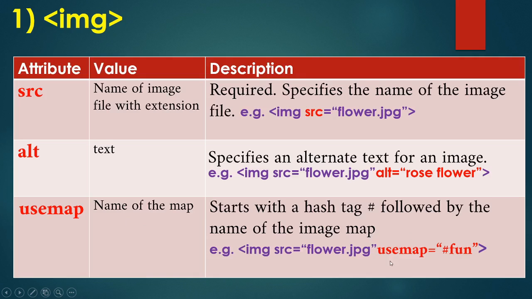Now one thing you have to take care of, the usemap attribute value is going to start with the # symbol. The name, you can give any name which you are going to give in the map tag, but before that name the # symbol must be there. So remember this, the usemap value starts with a hashtag followed by the name of the image map.